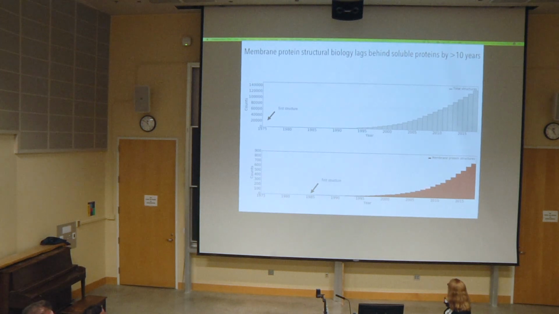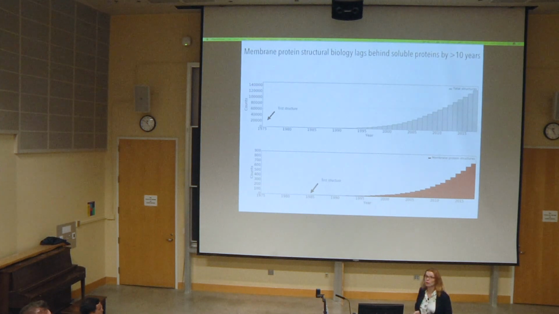This is when I did my undergrad in physics, then I did my PhD over here. The number of methods that were available during that time was very, very little. The number of structures that were available when I started my PhD was about 100 or even less than that. Now we have a lot more structures available, even though this is nothing compared to what we know about soluble proteins.